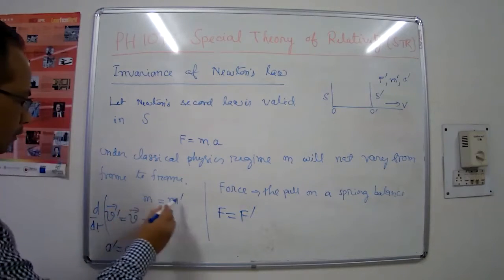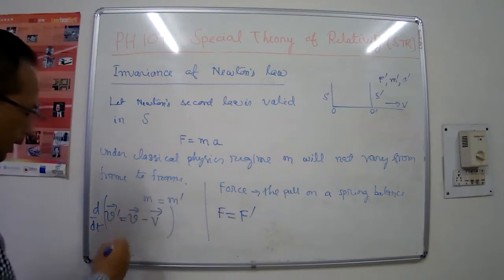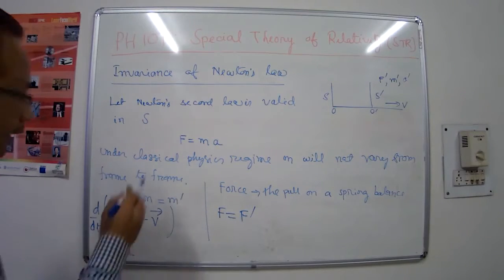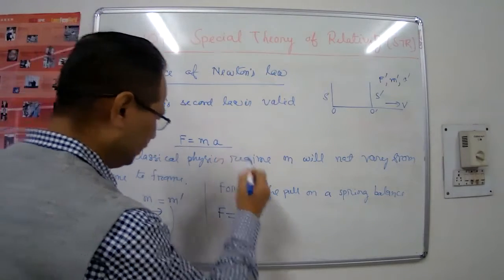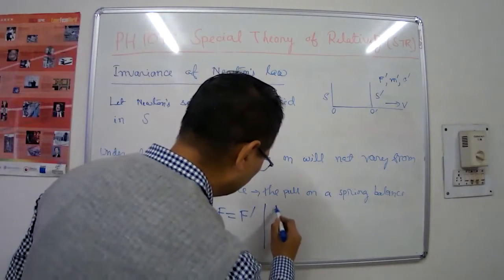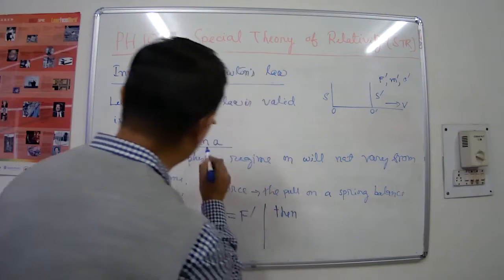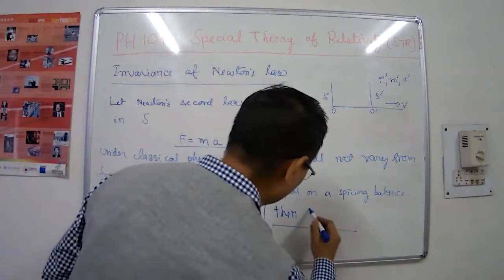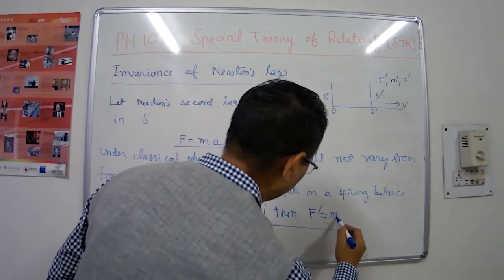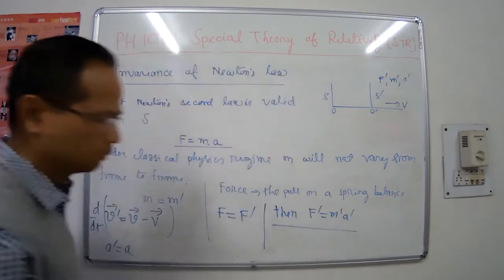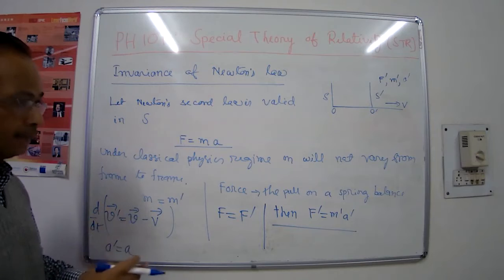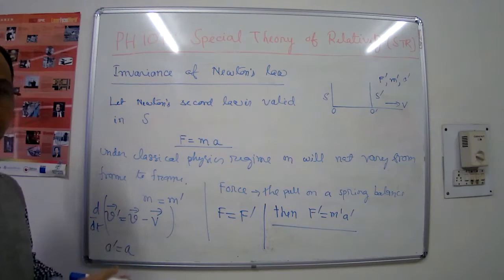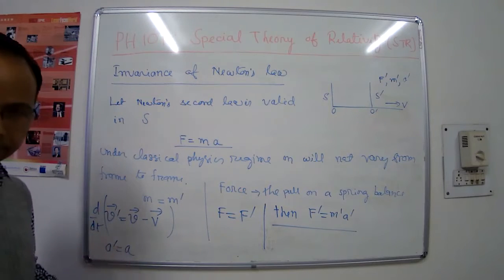So you have m equal to m prime, F equal to F prime, and a equal to a prime. So if F is equal to ma, then we must have F prime equal to m prime a prime. So if Newton's second law is valid in S, then Newton's second law should also be valid in S prime.